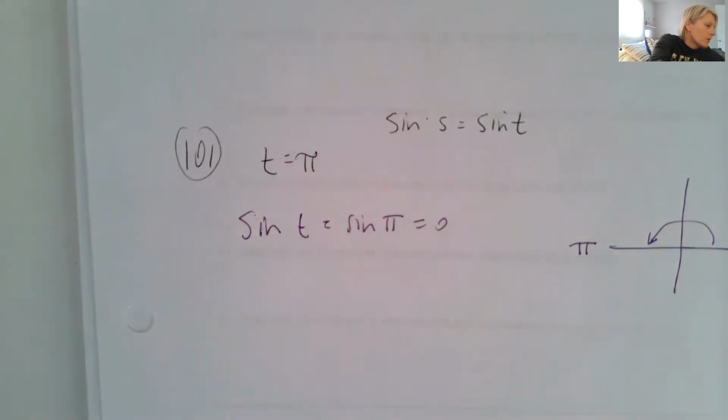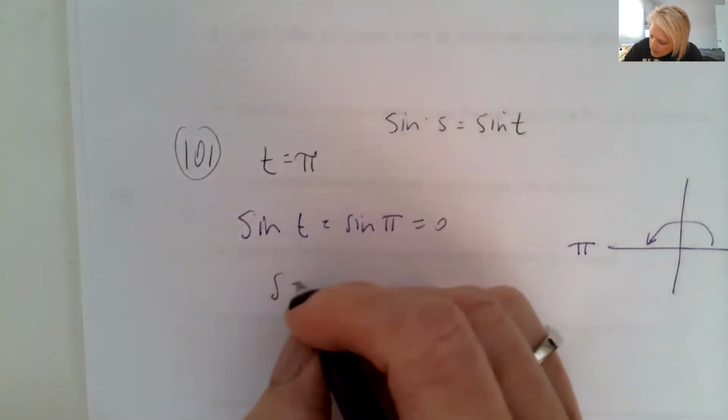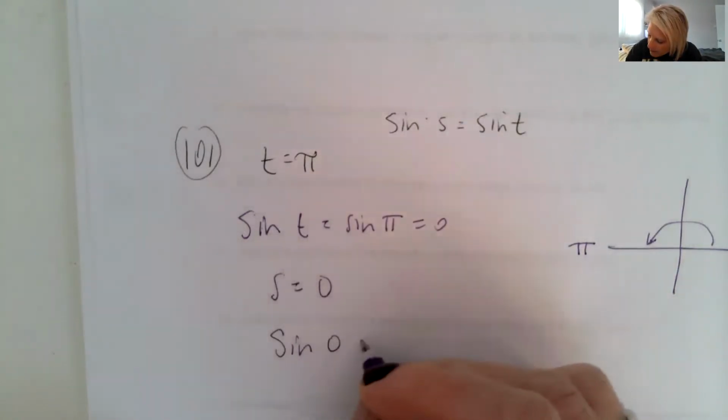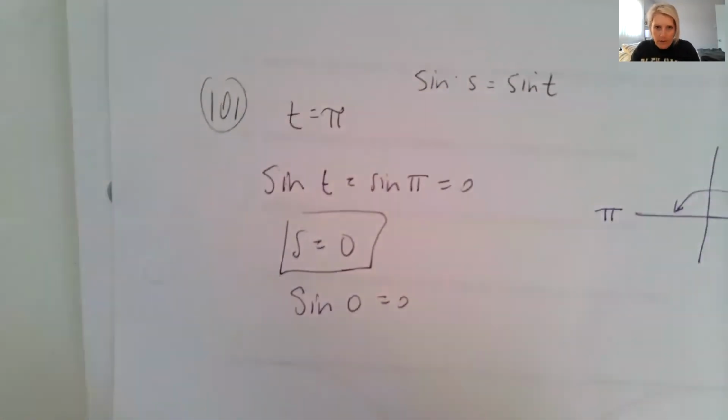The restriction was between 0 and it can't equal 2 pi, so it has to be 0. So S must be 0. The sine of 0 is 0. So the extra angle is 0.